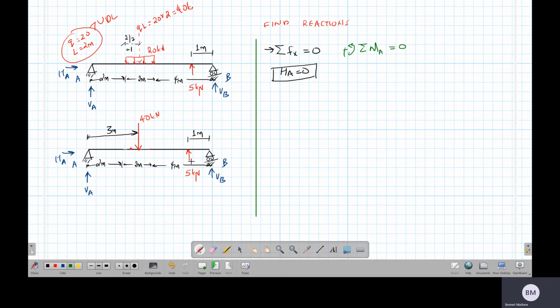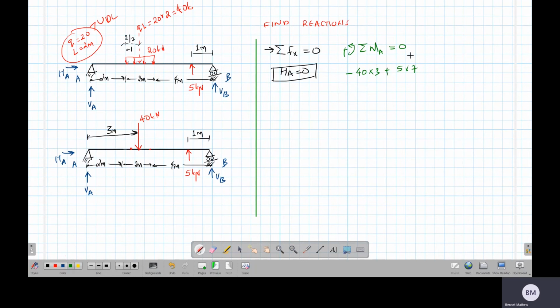The components HA and VA will be 0 because they are passing through this point. 40 into 3 is anti-clockwise, so I can write 40 times 3 with a minus sign because it is anti-clockwise. 5 times, what is this length? So 4, 5, 6, 7, 8 is the total length 8, and 8 minus 1 is 7. So 5 times 7, it is clockwise, so it is positive.